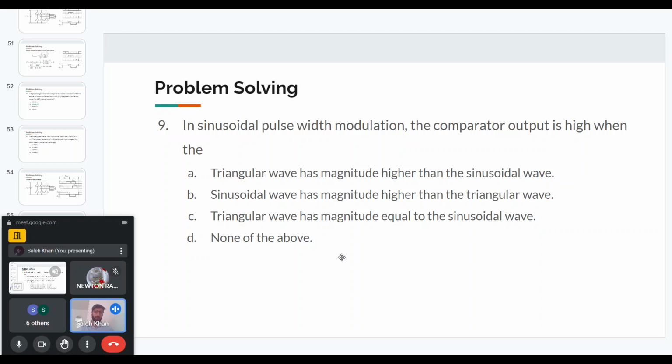Actually, C cannot be the answer because the triangular wave being equal to the sinusoidal wave happens only for a brief instant, so it is not possible to get a pulse width of that duration. So the answer is between A and B.